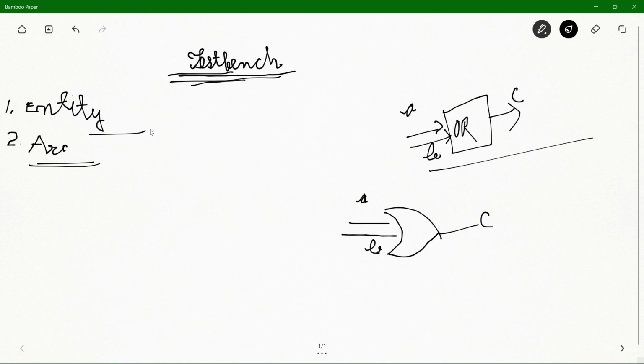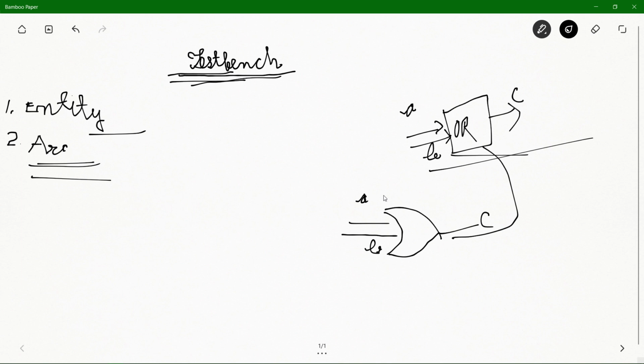So what we have done in our previous lectures is that during the entity part, this block is being made, and from this block to this block, the architecture is made. So guys, as is our human nature, we are never satisfied.